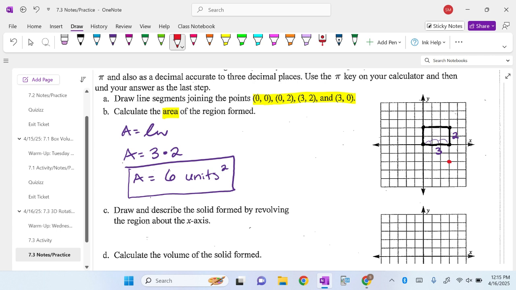Now, since they're revolving, what's the base going to be? A circle. So this is going to form a what? The cylinder. So if we draw this, should look something like this.